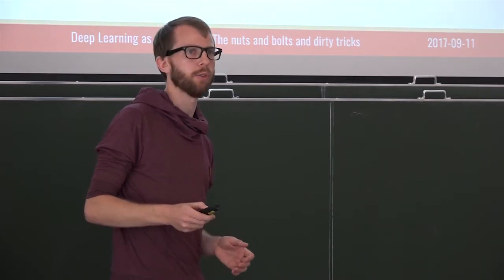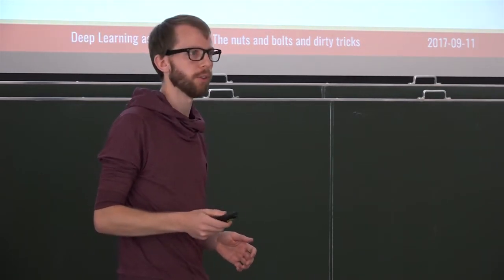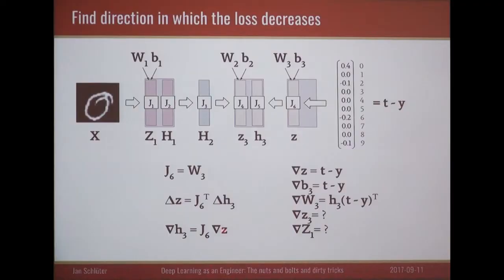So now we can use this Jacobian in the other direction as well. We know what direction we want to change the output, and we can multiply it by the Jacobian to know in what direction we need to change the input to reduce the loss. We have to do this for the next Jacobian here as well.